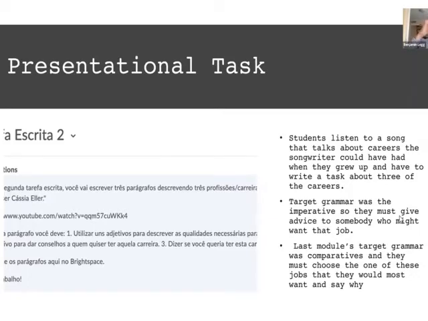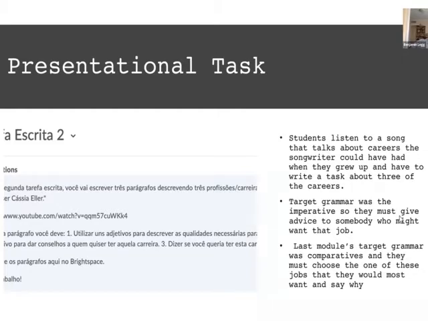They have to write about what is interesting to them about this career. And then in the final one, they do what we scaffolded. They choose the one that they would like most, and they give advice to another person. And also last module's target grammar was comparatives, so we're building on that module by having them reinforce the comparatives, okay?